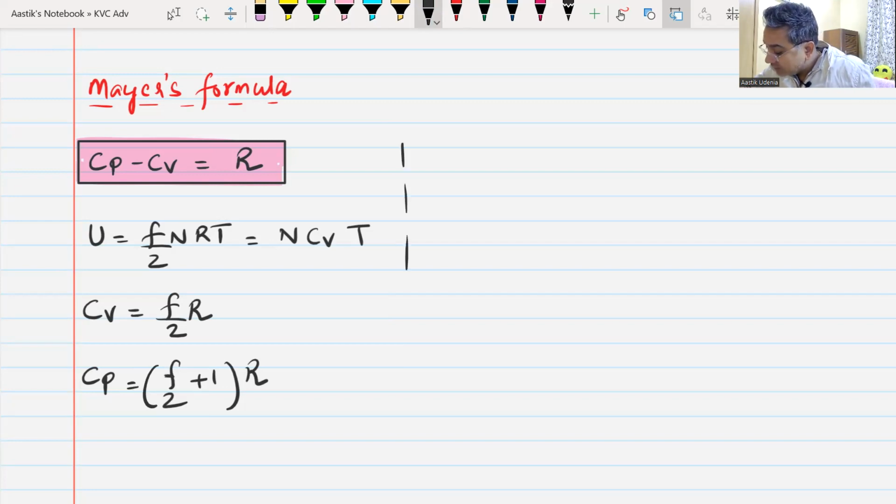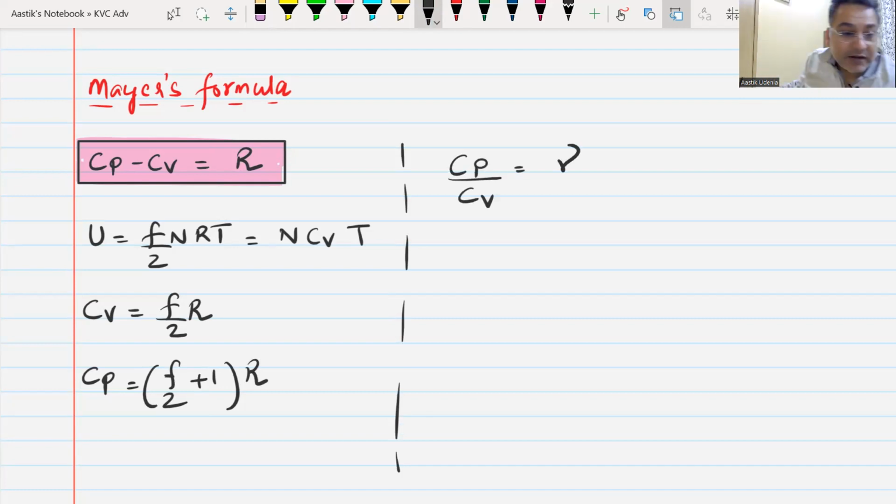Also, one more thing that you have to remember, Cp by Cv is something which is known as gamma, the ratio of the two specific heats. Cp by Cv is equal to gamma. So these are some of the relations that you must remember.